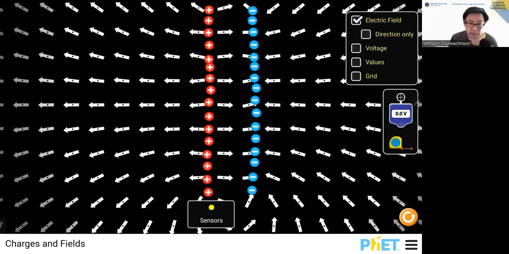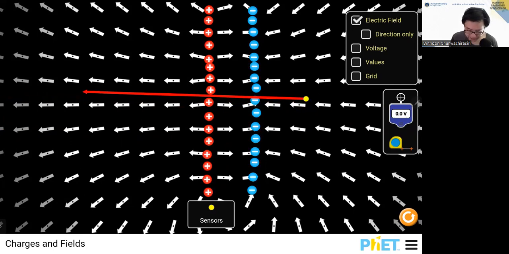As you can see, that's the electric field from the left and from the right. Hey, how come it doesn't show the cancellation though? Let me put the sensor in between here. The electric field is supposed to point in one direction in between, right? But then out here, wow, it still goes in the same direction. How come it's not canceling each other in this simulation?